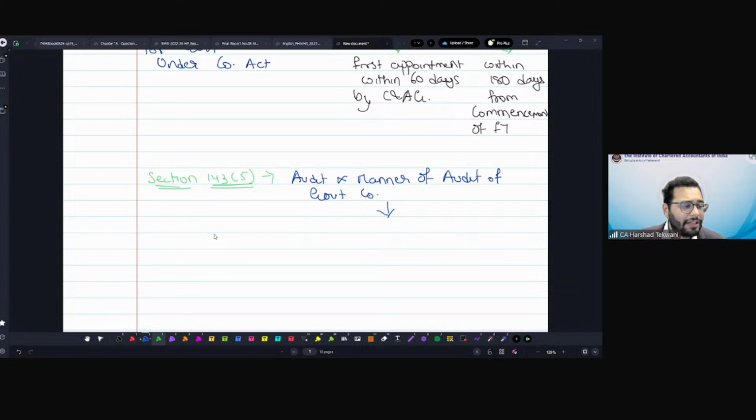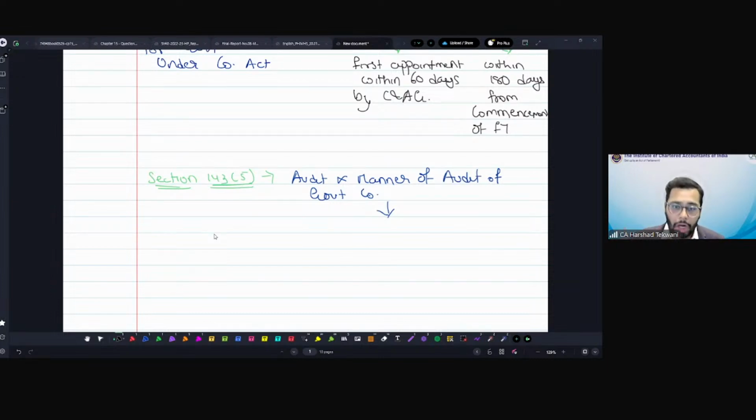Basically, what this subsection says is, C&AG is the one who will appoint the auditor for the government companies under section 139(5) and 7. So the first auditor and the subsequent auditor. Fine.